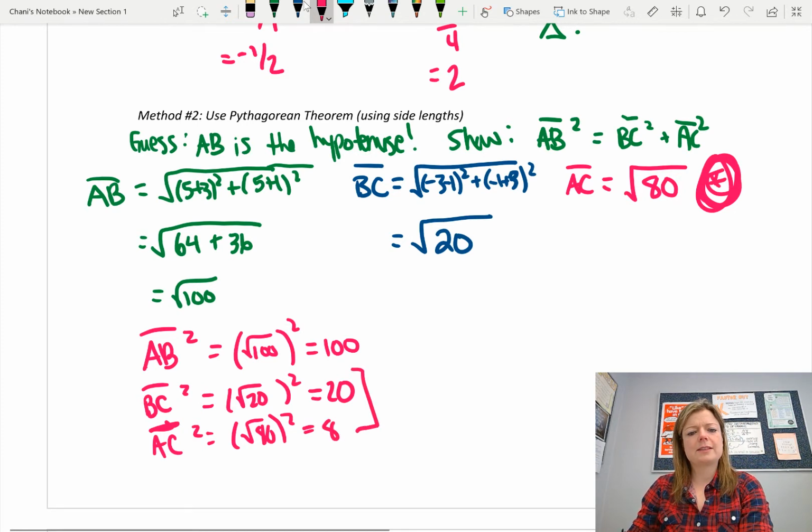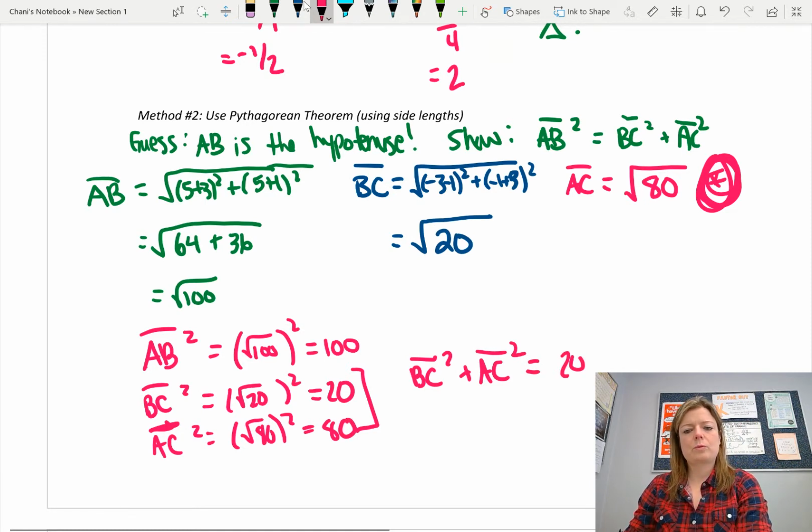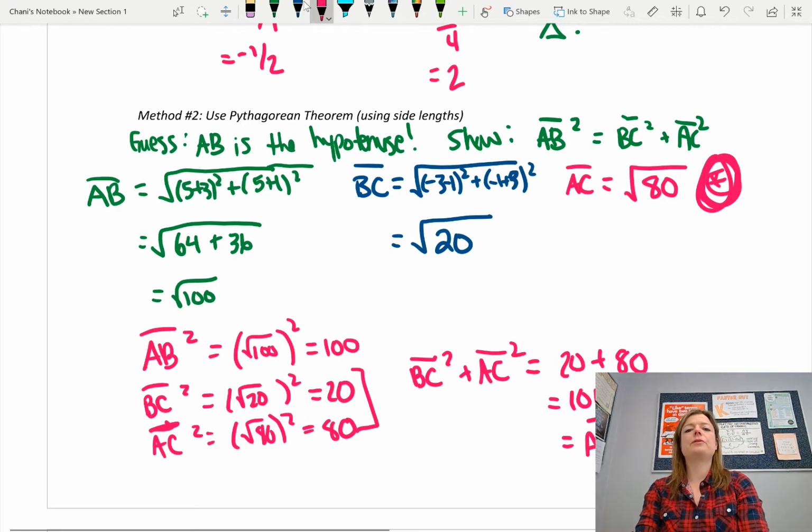So notice that BC squared plus AC squared, 20 plus 80, is equal to 100, which is also equal to AB squared. So that proves that because it follows the Pythagorean theorem, it is a right triangle.